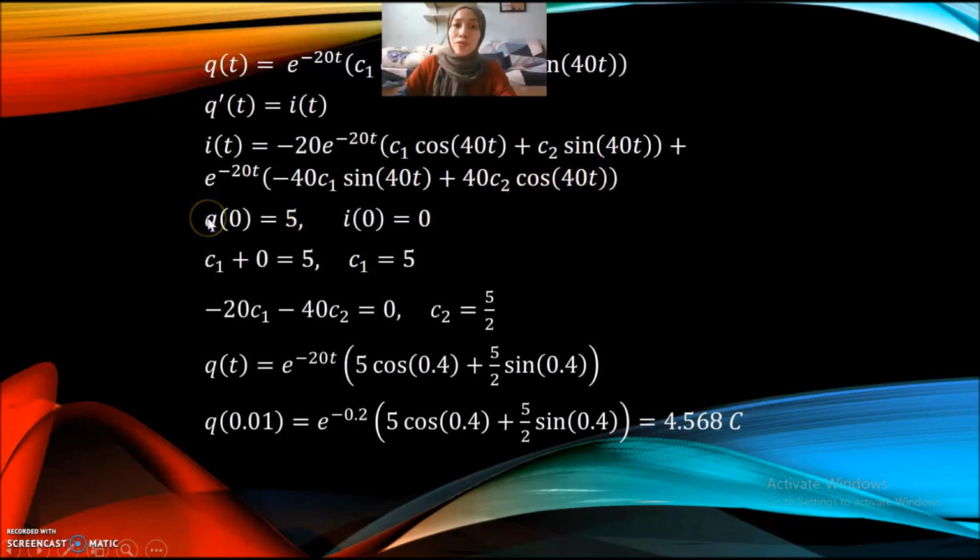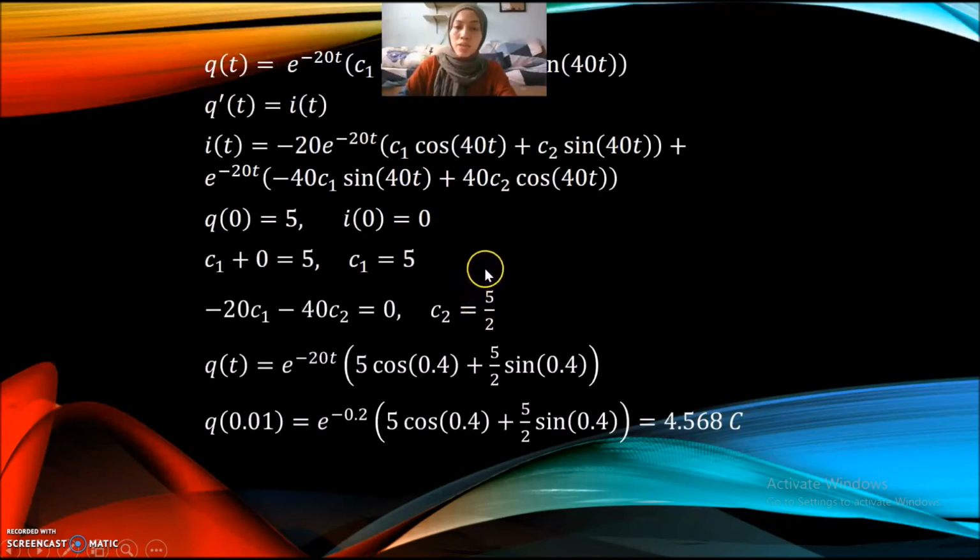From the question given, when Q0 equals 5 and I0 equals 0, we substitute into the equation and get C1 equals 5 and C2 equals 5 over 2.